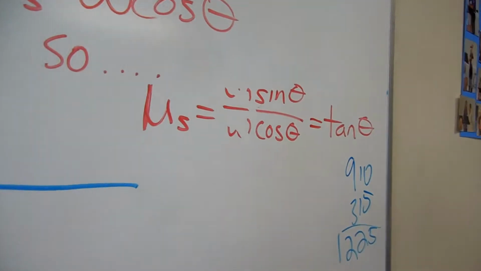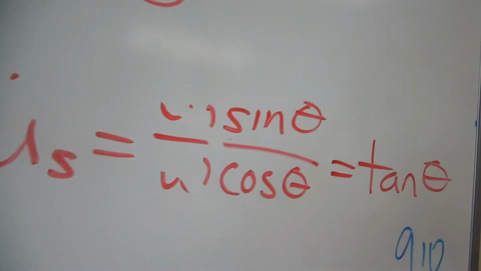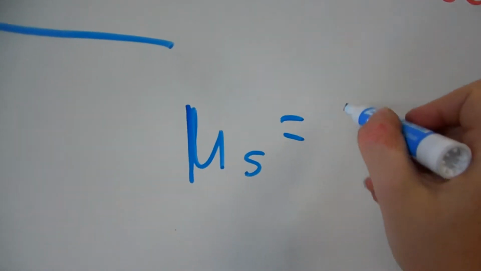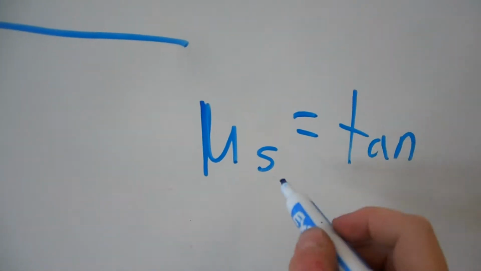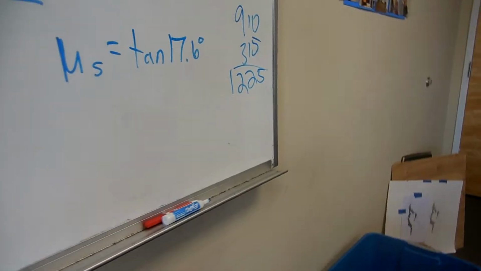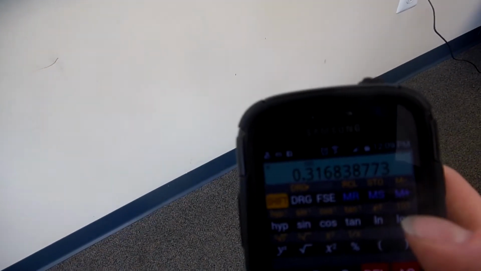So to find the coefficient of friction for this given object on this given surface, we would just do coefficient of static friction equals the tangent of that angle, which was 17.6 degrees. So just hit the tangent button. And we find the coefficient of friction, 3 significant figures, to be 0.317.